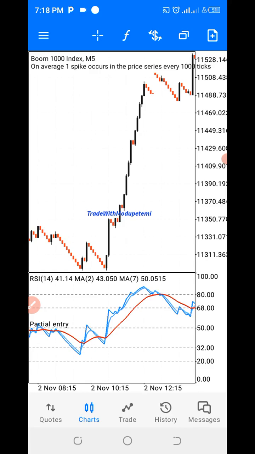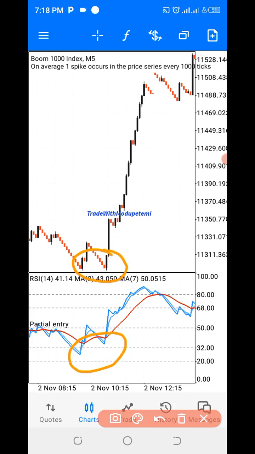If you are taking this buy, you can see at this area we have our W pattern. You can spot it very well on our indicator window. This is the first leg and this is the second leg.